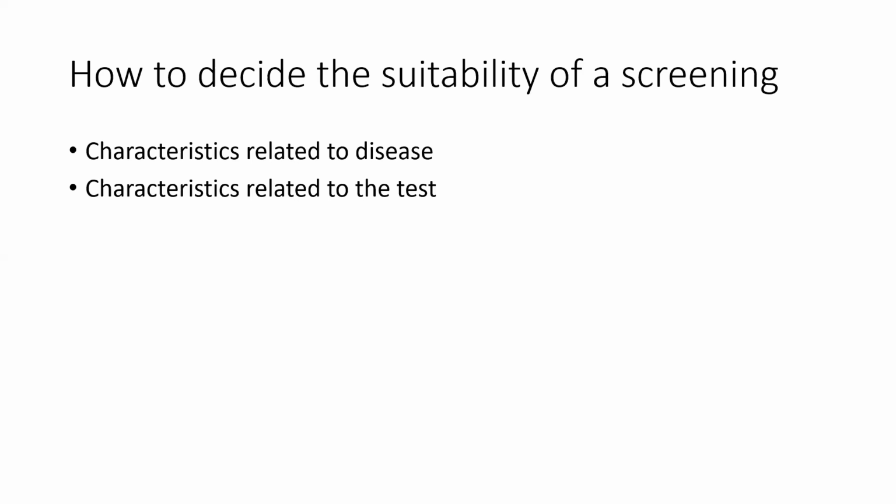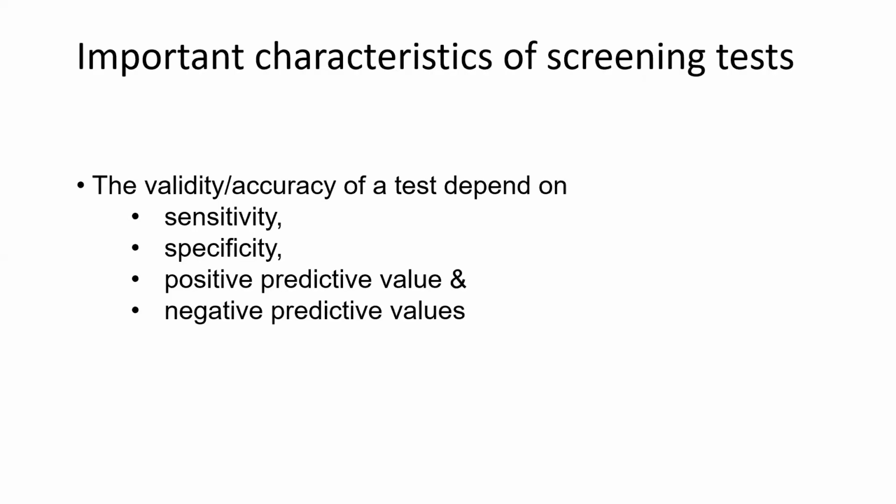So what is sensitivity and what is specificity? These are the definitions. The validity or accuracy of a test depends on sensitivity, specificity, positive predictive value and negative predictive value.